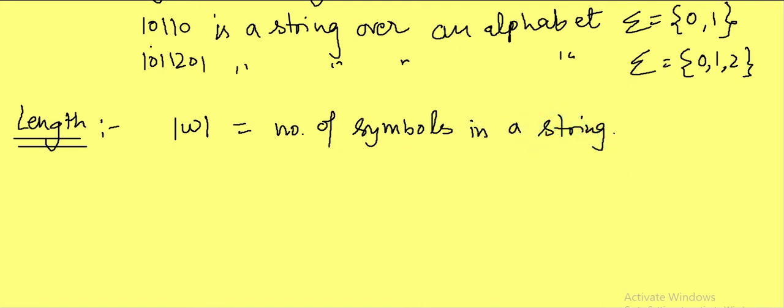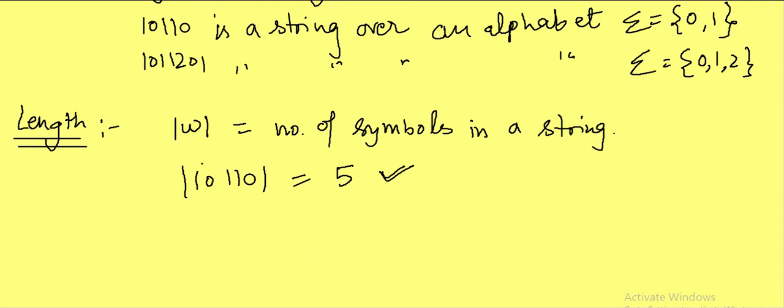For example, we have this string 10110. The length of this string will be 1 2 3 4 5, because there are 5 symbols in this string. For 1011201, again it is 1 2 3 4 5 6 7, so the length of this string will be 7.